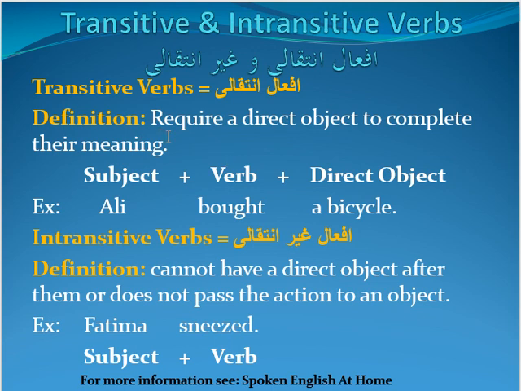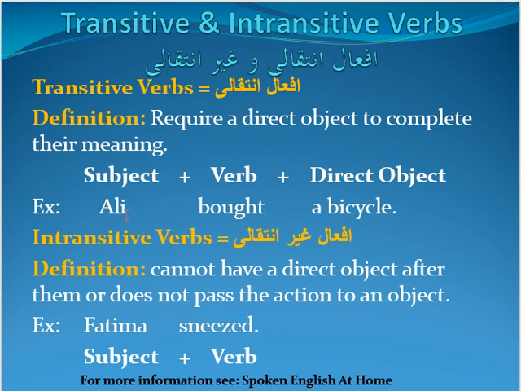Mainly, transitive verbs are those which require a direct object to complete their meaning. So it means if we do not have a direct object following the verb, then the sentence is incomplete. To complete the sentence, we have to use what? A direct object. For example, Ali bought a bicycle.